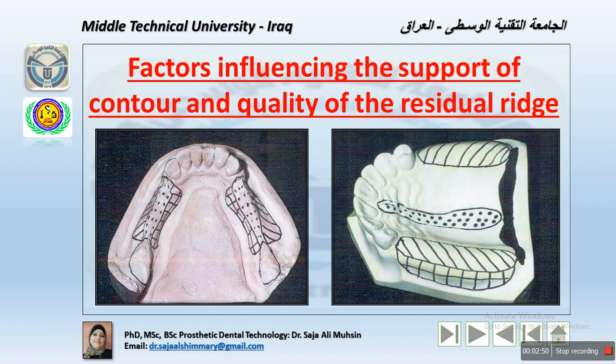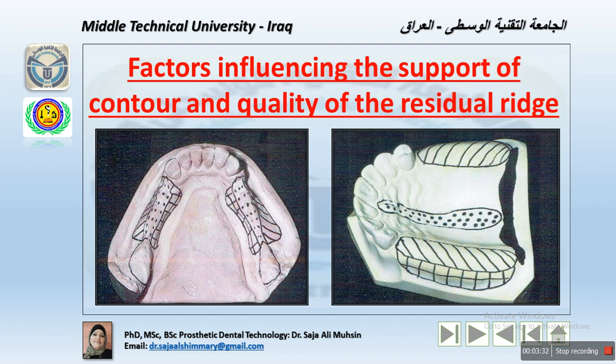The ideal residual ridge to support a denture base would consist of cortical bone that covers relatively dense cancellous bone, with a broad rounded crest with high vertical slopes, and is covered by a firm, dense, fibrous connective tissue. Such a residual ridge would optimally support vertical and horizontal stresses placed on it by a denture base, which come from the loading on the dental prosthesis.